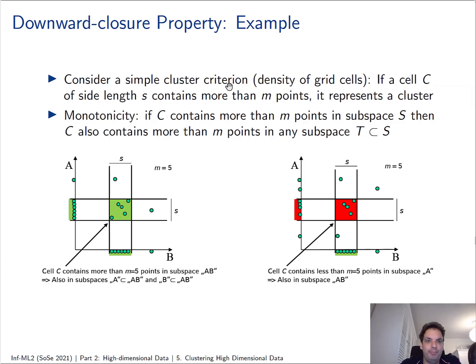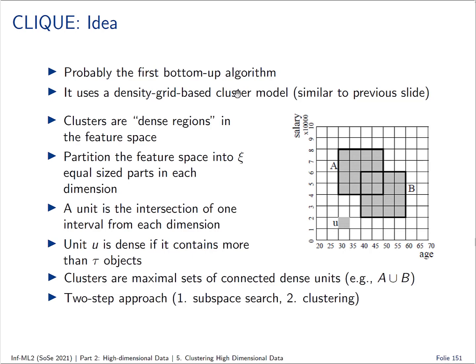And as promised, the first one, CLIQUE, is historically probably also the first bottom-up subspace clustering algorithm, and it uses exactly the grid-based density model that we just saw here.